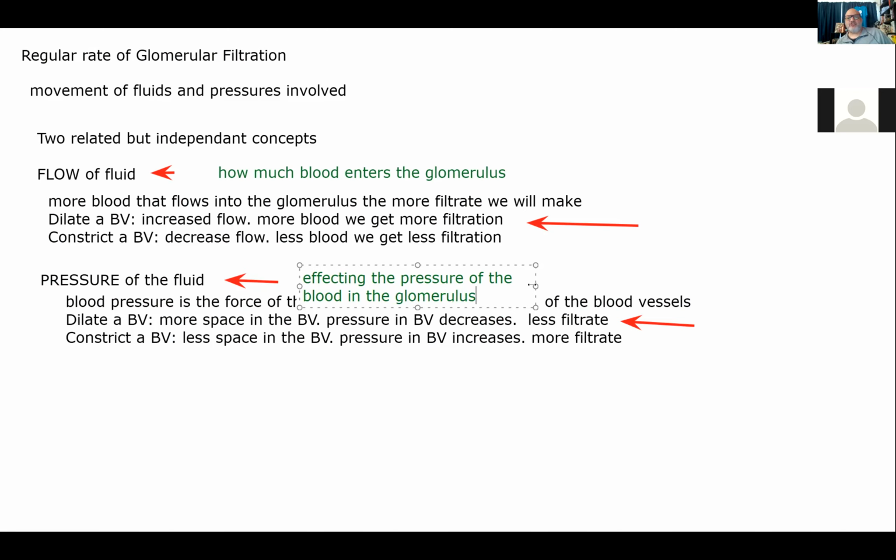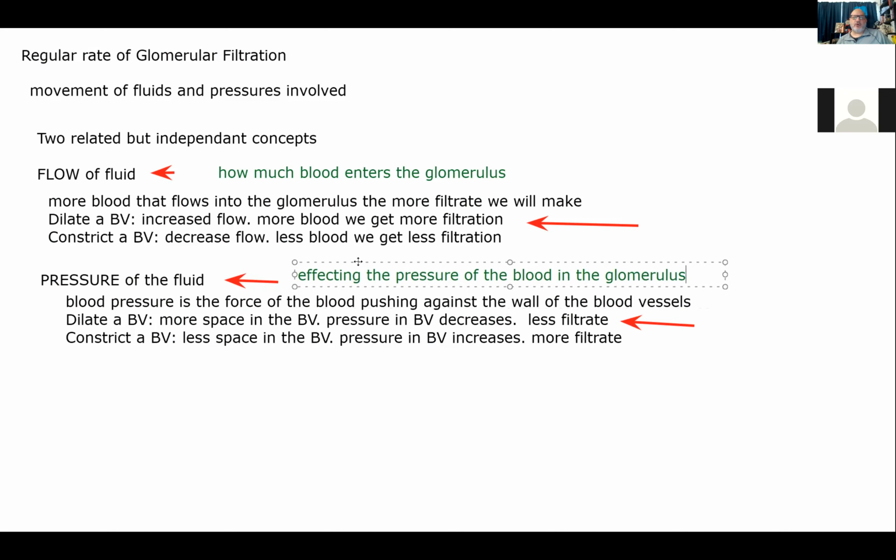Because depending on which one of these two factors it is influencing is going to determine what type of effect it's going to have on our glomerular filtration rate. I appreciate on the surface this looks a little confusing, but I'll try to walk you through it as easily and as slowly as possible to make sure that this makes sense. So let's go ahead and start. Let's go back to the lecture.